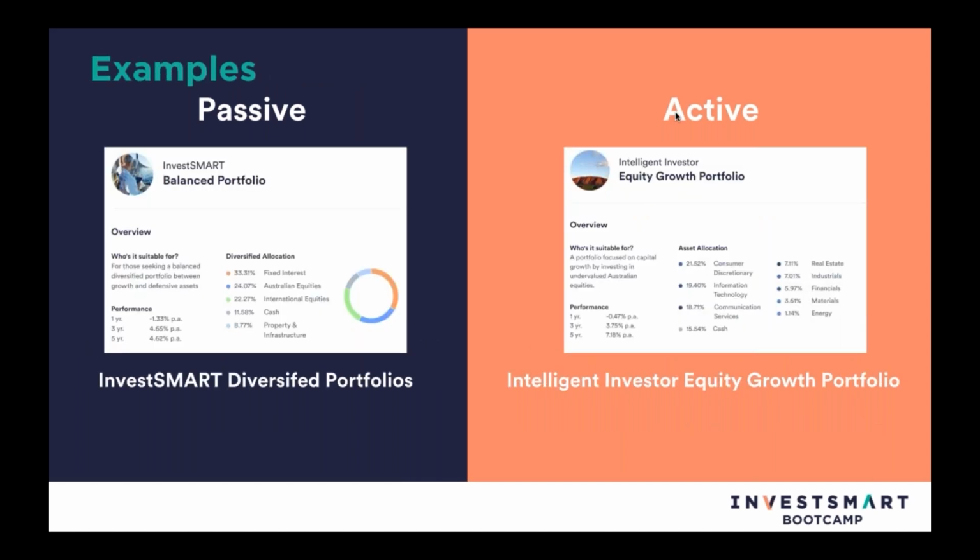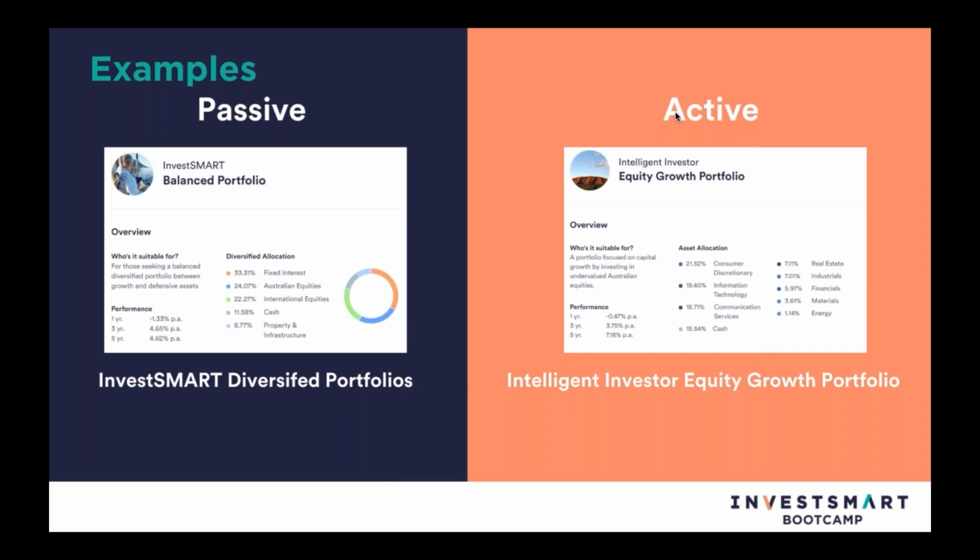So a couple of examples here. We talk about the InvestSMART products just because they are our own products, and I'm particularly familiar with these. There are others out there, so by no means think that this is the only thing you can invest in. Definitely do your own research and see if it's suitable to you. But we look at the example of a passive, and we've got the InvestSMART balanced portfolio there. And this is a diversified portfolio, so it's automatically spreading your investment, your cash.